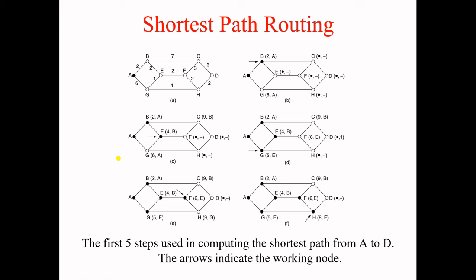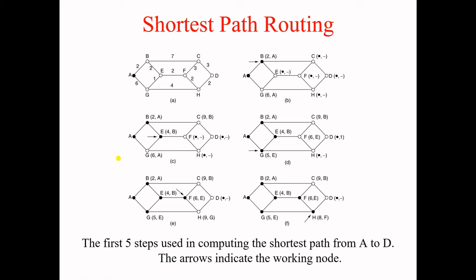So there can be the possibility of multiple paths, but we are interested to find a path having the shortest distance from A to D in this case.